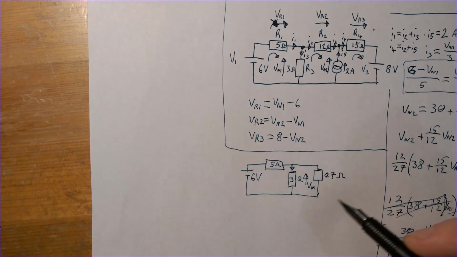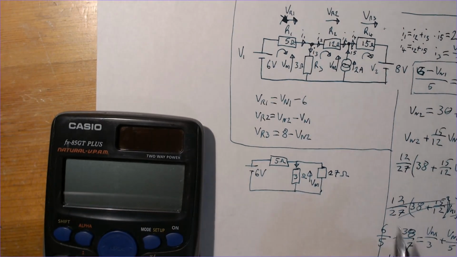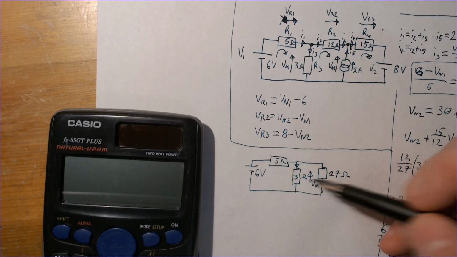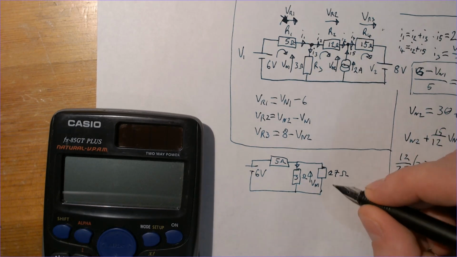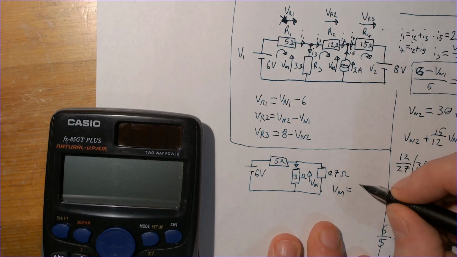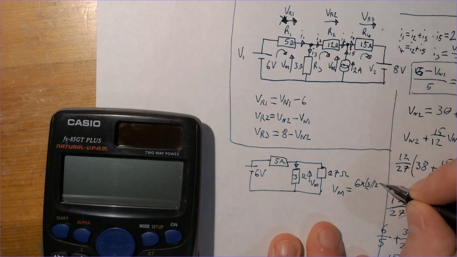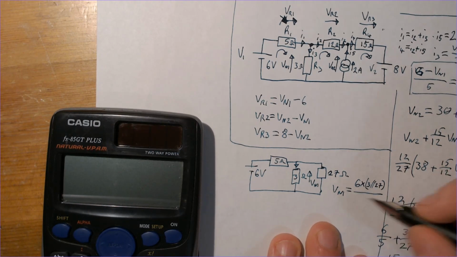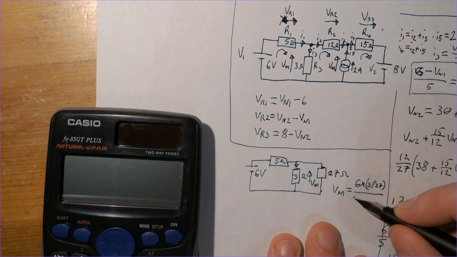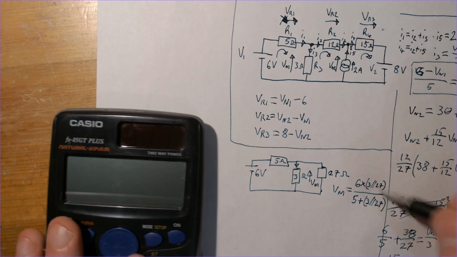So the current for this one, we can put this straight into a calculator. Got 6 volt and a potential divider again, so the voltage VN1 equals 6 times 3 in parallel with 27. That's a symbol shorthand for parallel with, divided by 5 ohms, that resistance there, plus 3 in parallel with 27. We can do that on the calculator.